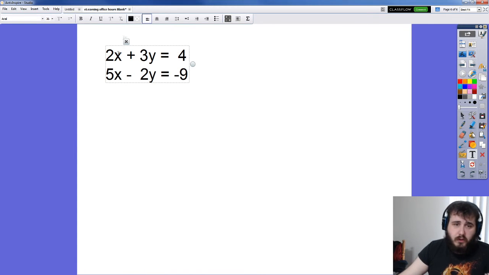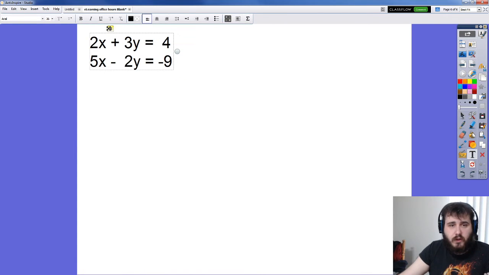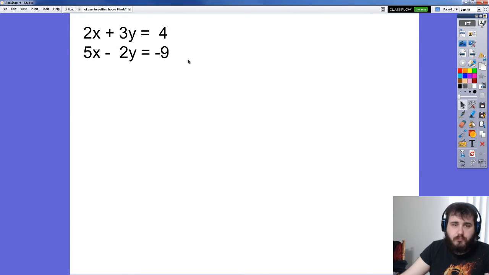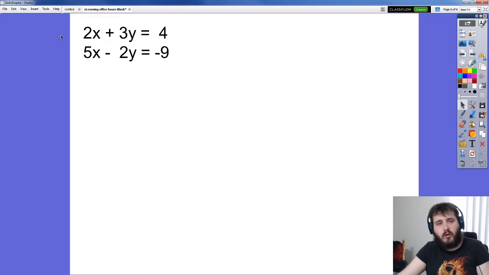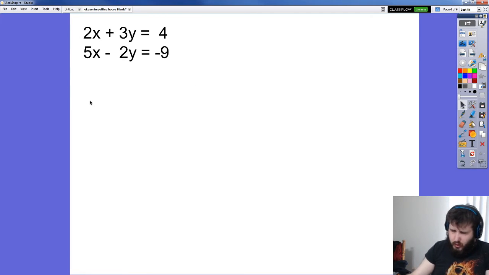So here's a system of equations right here, and there's a couple ways to go about solving this. You could very easily get these into y-intercept form and actually physically put them in a calculator.